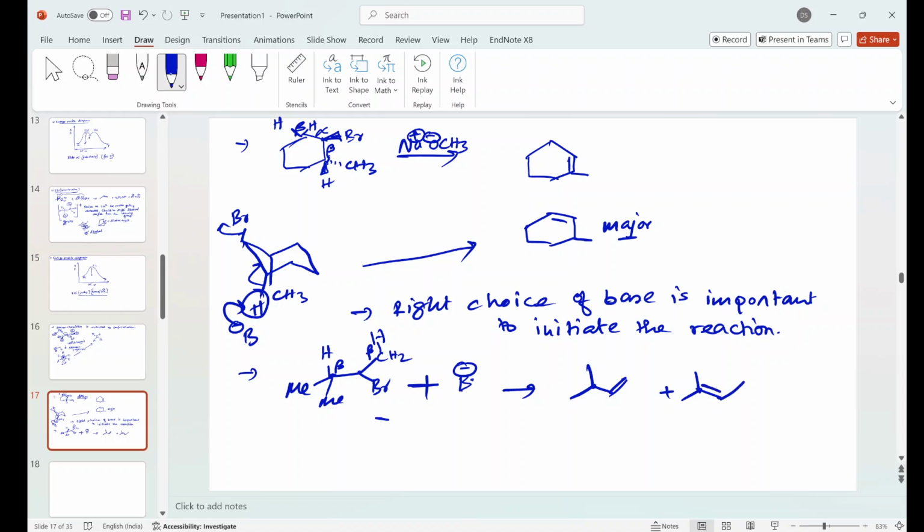So if you have a non-bulky base, it will lead to the more substituted product. And if you have a bulky base, bulky means there is much steric hindrance. Suppose for this one.